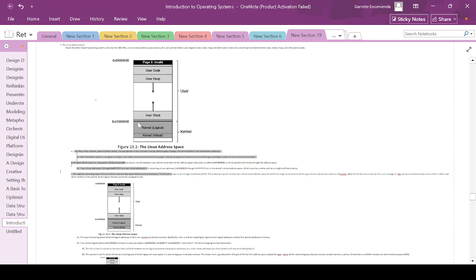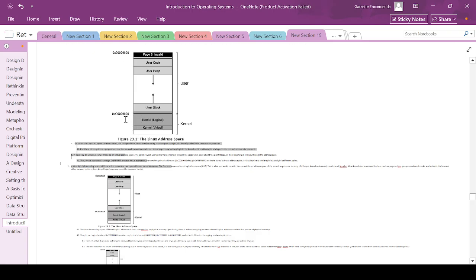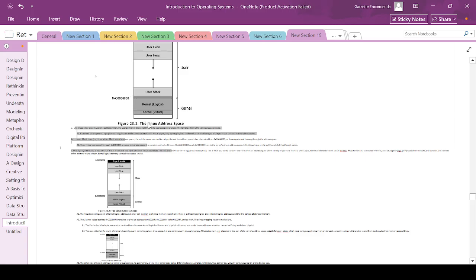So this is where the split between the kernel and the user address space is, with the kernel taking the last quarter.